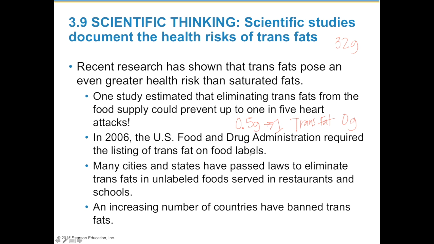Any math teacher will tell you that 0.5 is going to round up to 1. But for some reason, the FDA allows these companies to round that down to 0. Doesn't make any sense. There's a lot of countries that have completely banned hydrogenation and banned trans fats. We are not one of those countries.